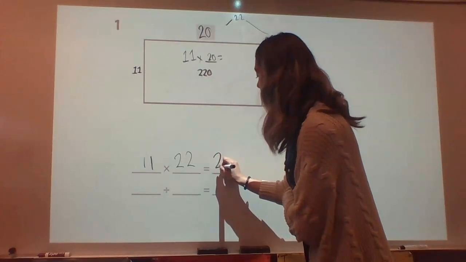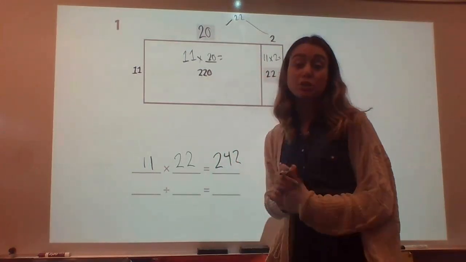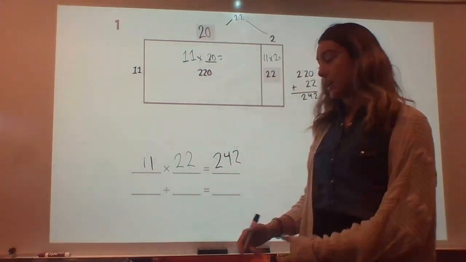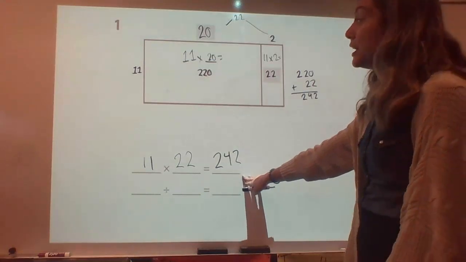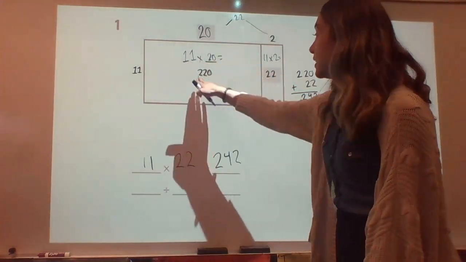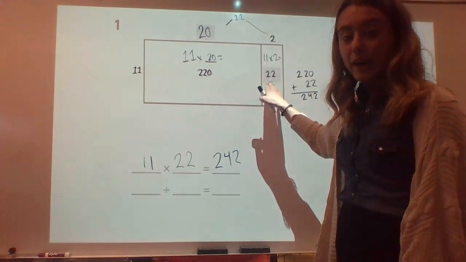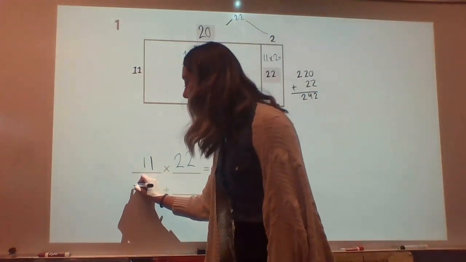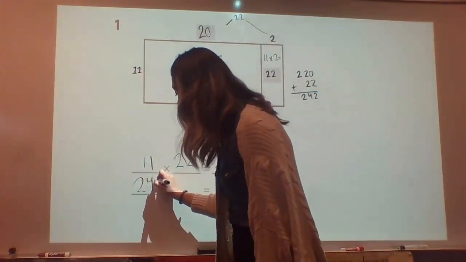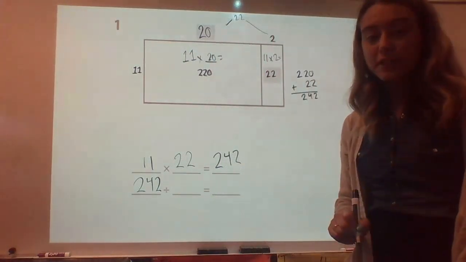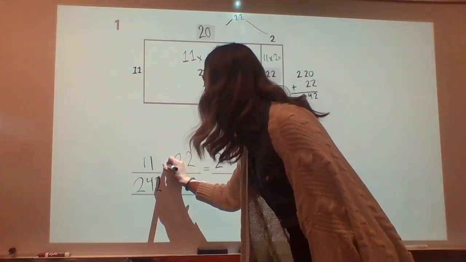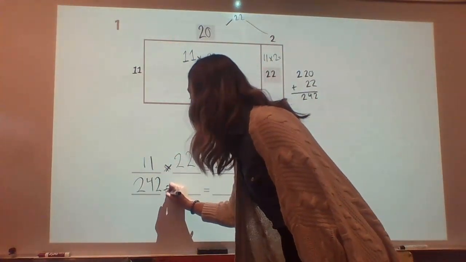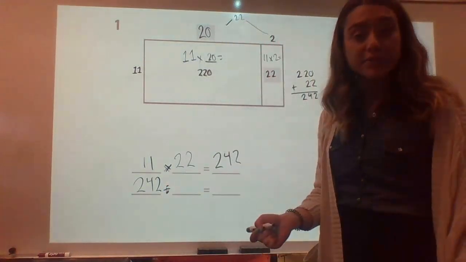242 is my answer. This comes to the tricky part, friends, that you have not done yet. 242. Now the inside of our array is the number that we were dividing. 242 divided by, and you get to pick one of the dimensions.